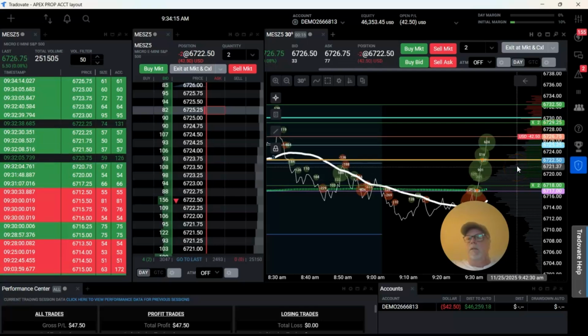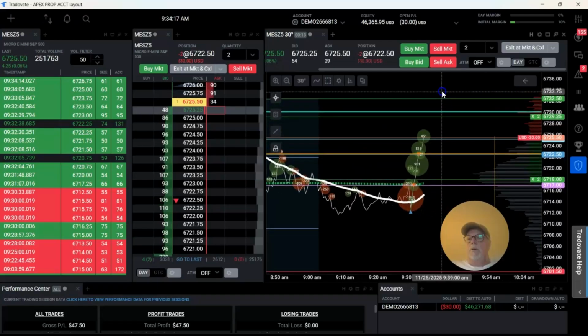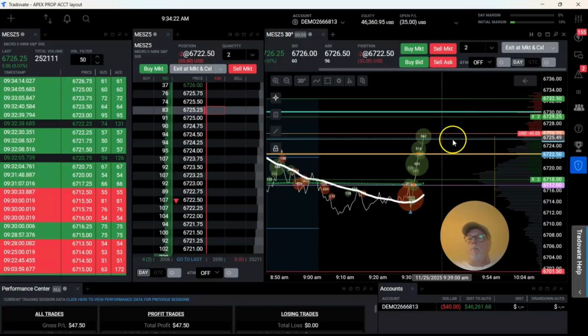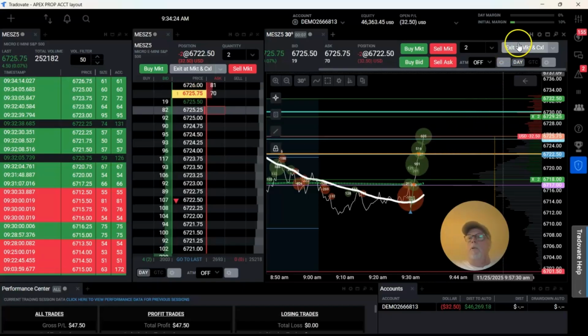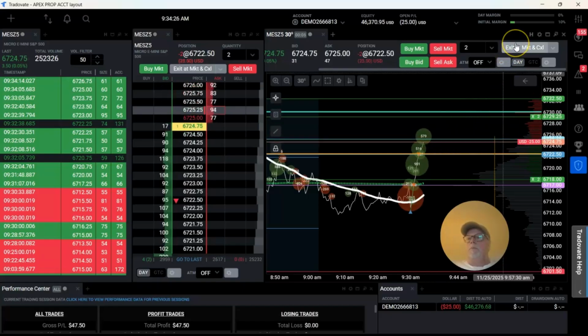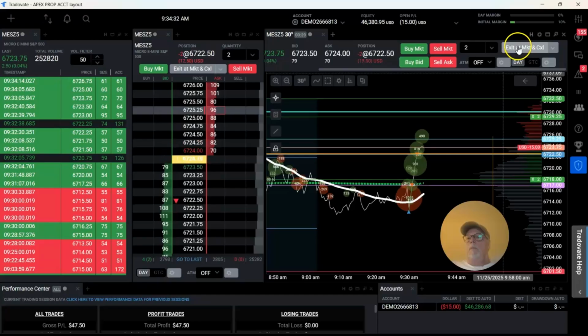And buyers are pushing hard. Let's see what they do at this open here. Got my hand on the exit just in case.